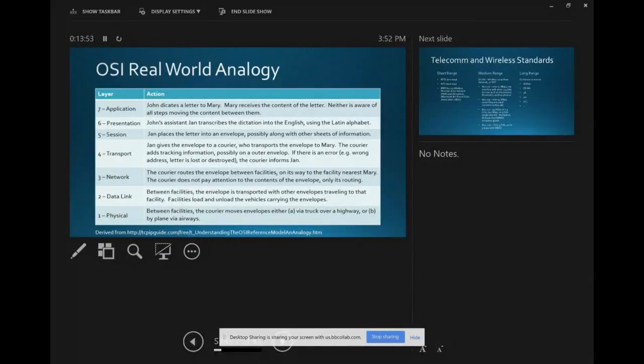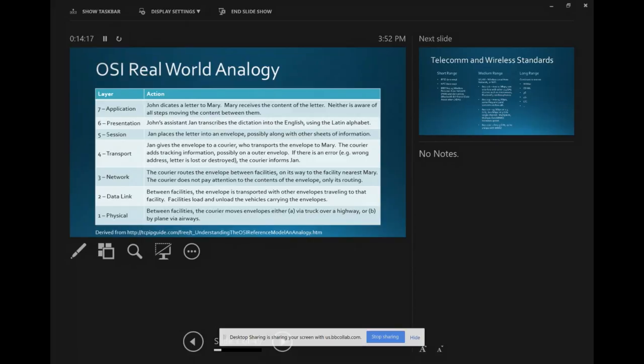Jan will then place that letter in an envelope, possibly with other sheets of information that tell Mary who John is, so that she would trust him, for example. At that point, John gives the letter to a courier. Now, a courier is likely going to stuff the letter into a bag with other letters, right? And he's probably going to add additional information.